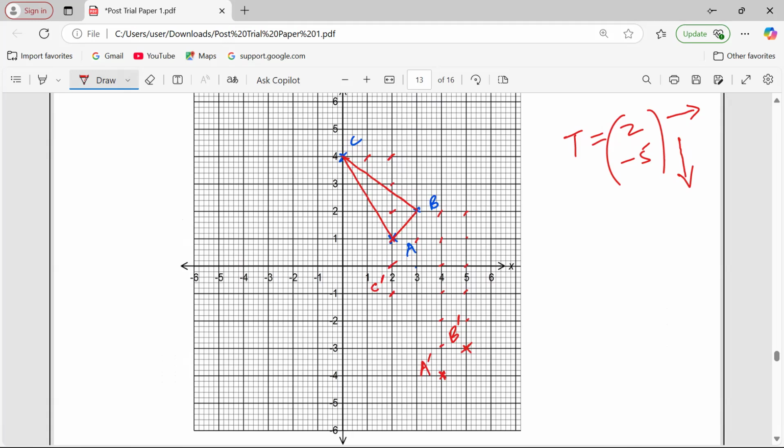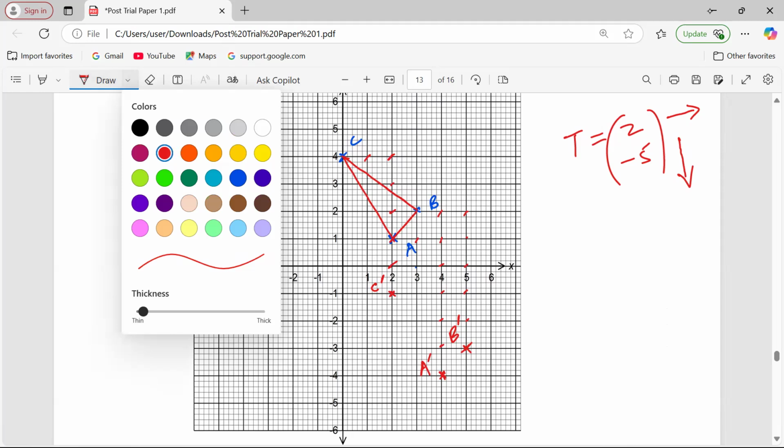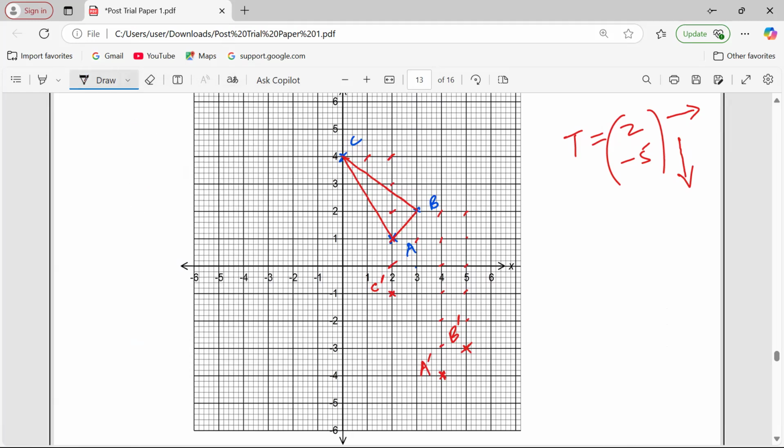Now with A prime, B prime, and C prime, we can join them to get the triangle after translation. So we have the new triangle. The new triangle has already been drawn.